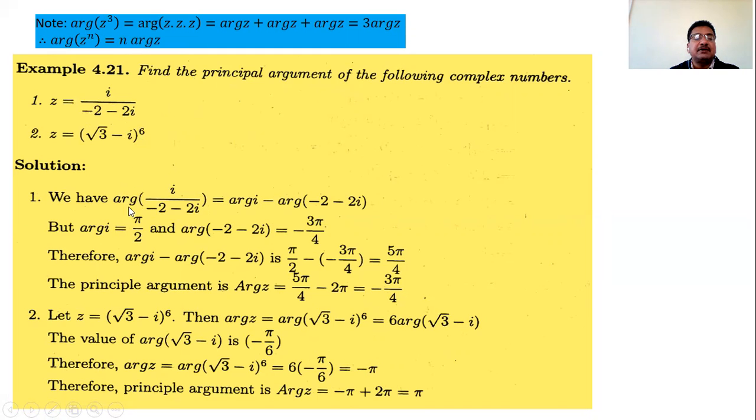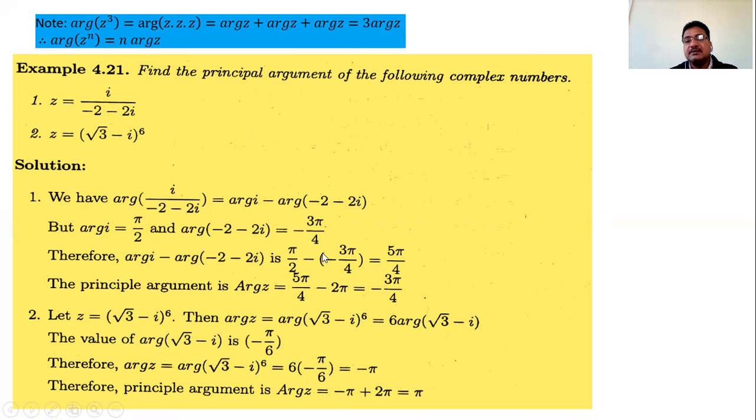So what is the argument of this i by minus 2i? Argument of z1 by z2 is argument of z1 minus argument of z2. By using that theorem, it is the argument of the numerator minus the argument of the denominator. Argument of i is pi by 2, and argument of minus 2i is minus 3 pi by 4.